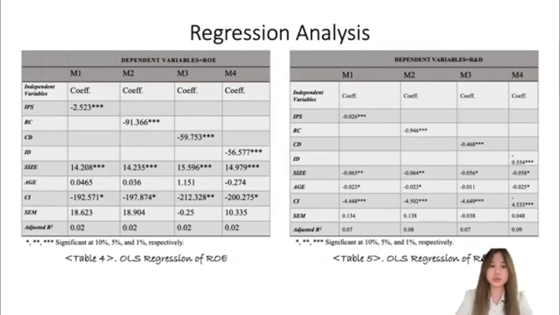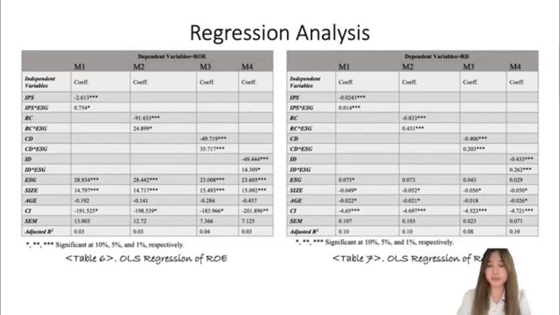Table 4 and table 5 are through IND and ROE for the regression analysis. And then considering ESG performance for moderating effect analysis, it did the regression analysis again, and the result comes out in these two tables.